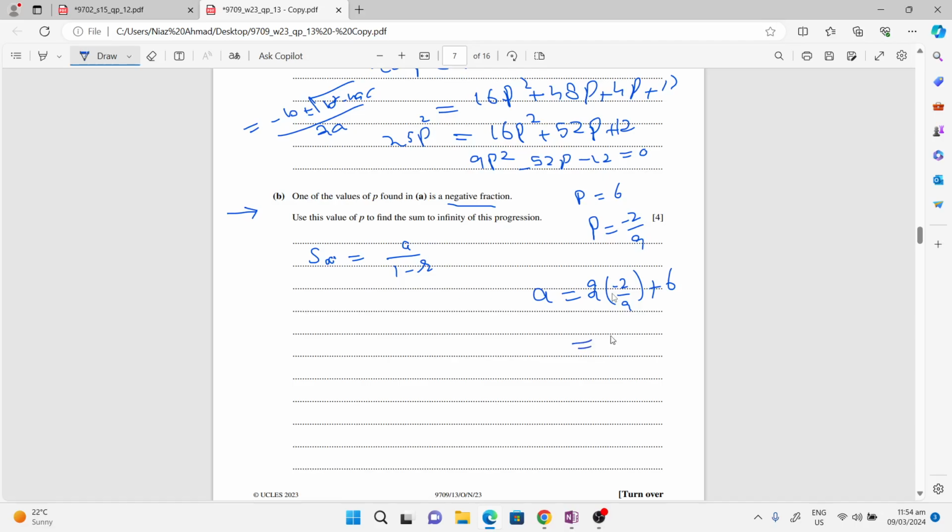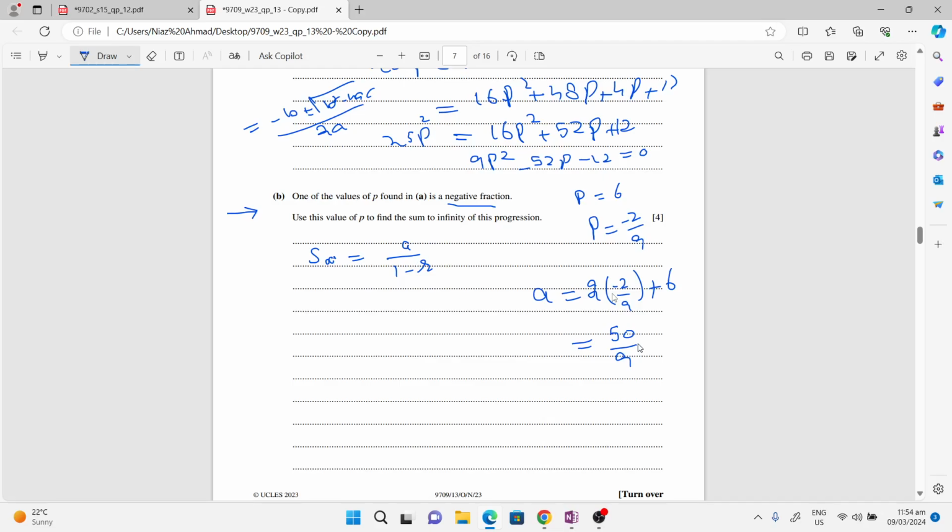My first term will be 2 times negative 2 over 9, that is negative 4 over 9, plus 6. Using your calculator, what fraction are you getting for term a? 50 over 9. Great. So this is the first term.